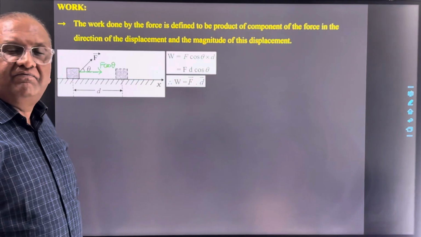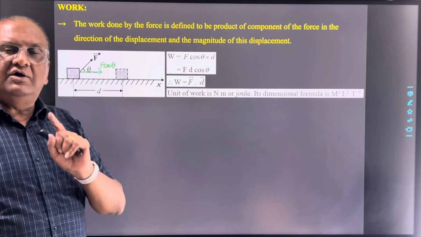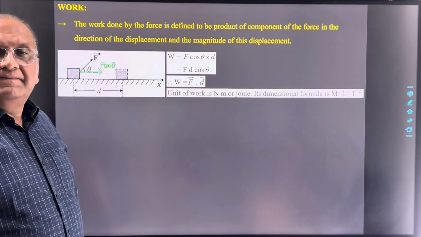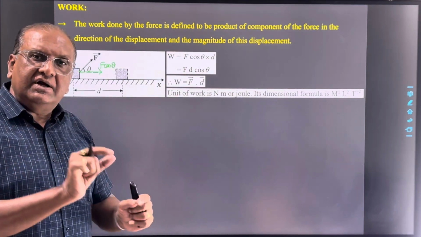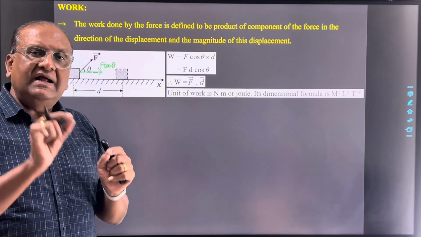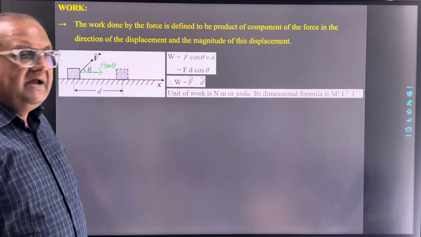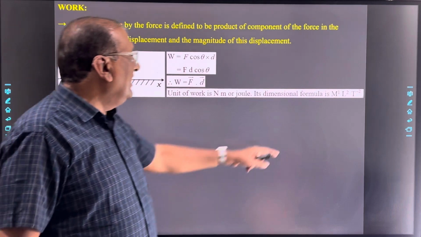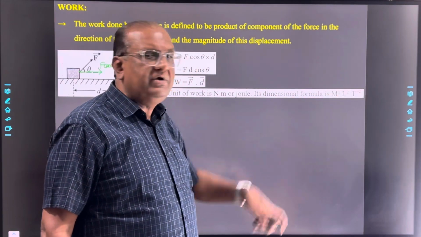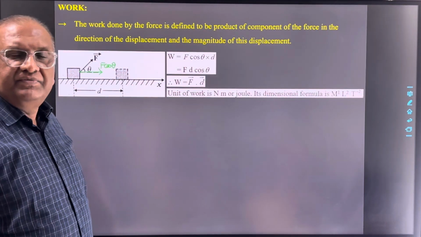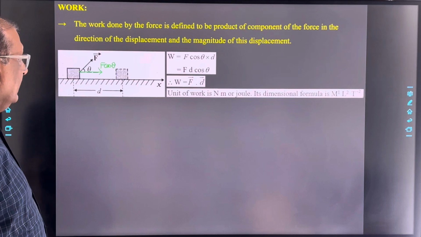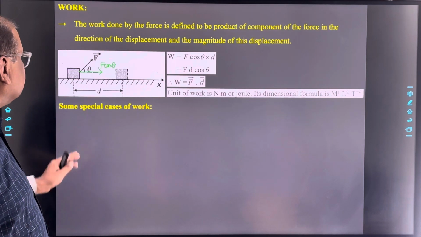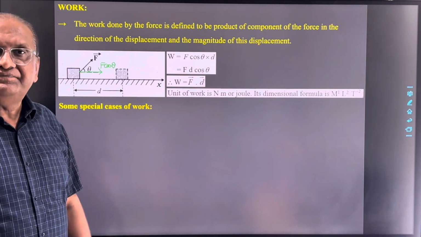So the unit of work done is Newton into meter, and this unit is called joule, and its dimensional formula is M1 L2 T minus 2. Clear?